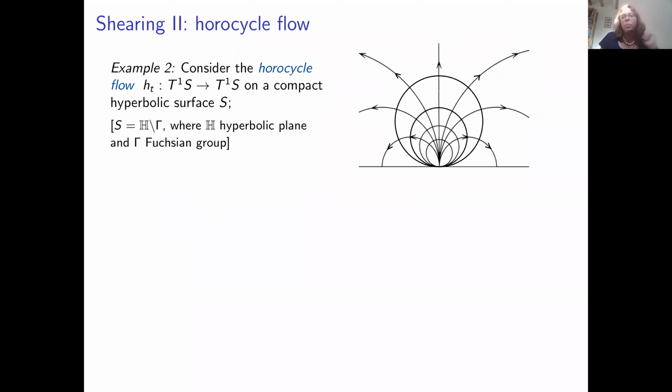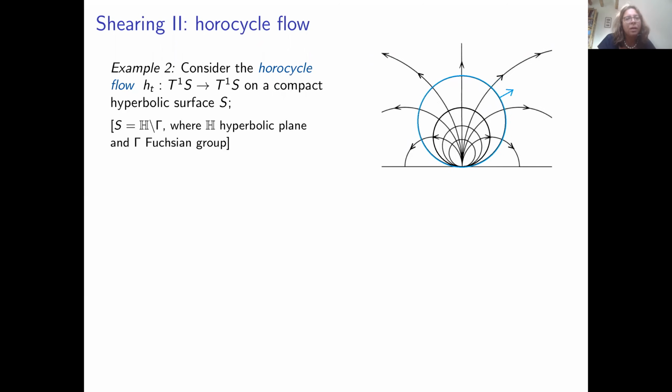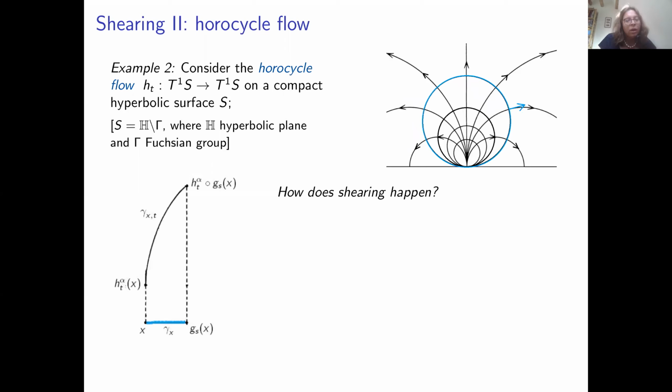The second example I wanted to mention is the horocycle flow. I will be brief here because some of you probably don't know what this flow is. But in the horocycle flow, you can also verify, actually algebraically, the shearing.